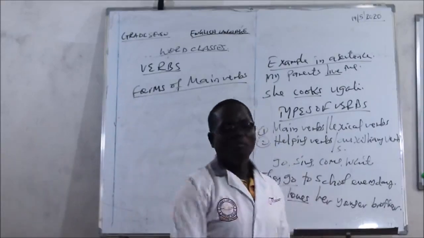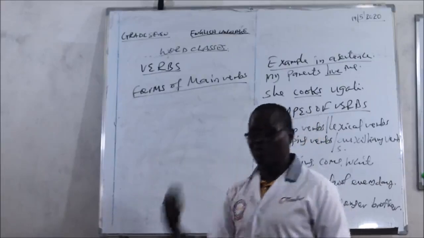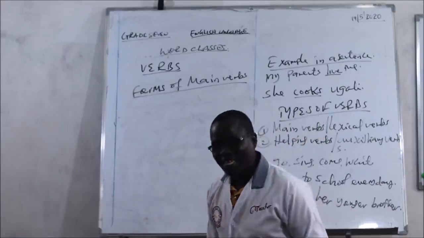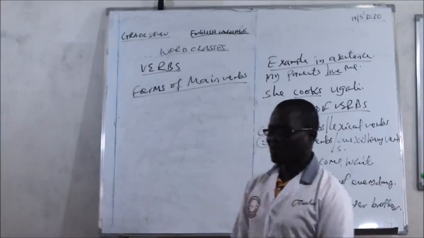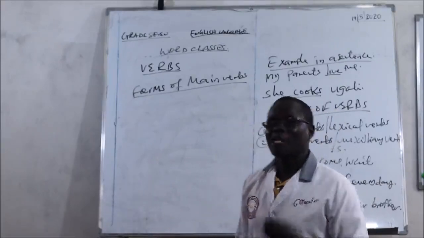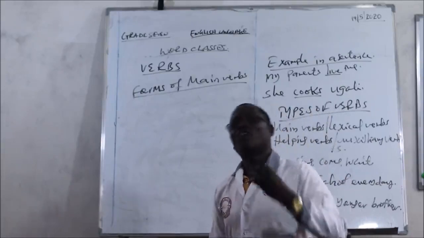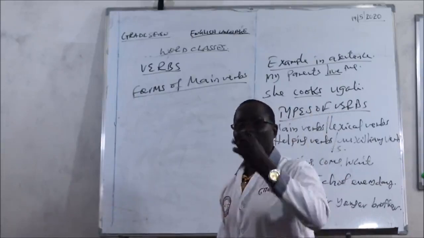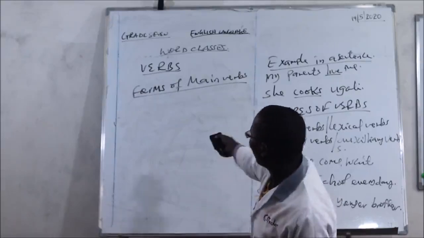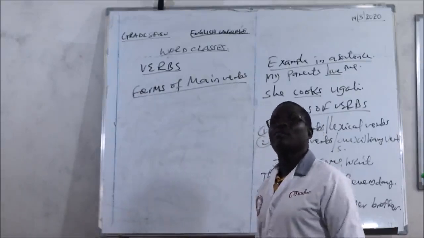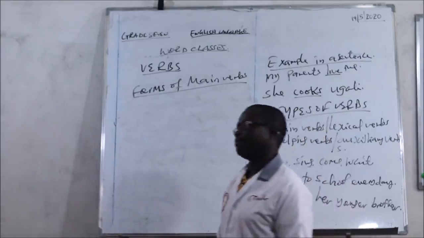But the two forms of main verbs are due to so-called universal past tense marking. We are getting two types of main verbs depending on the ability of a verb to receive the so-called universal past tense marker. Before we go deeper, we have got something that we are calling universal past tense marker.